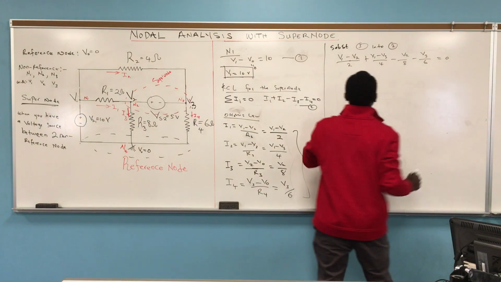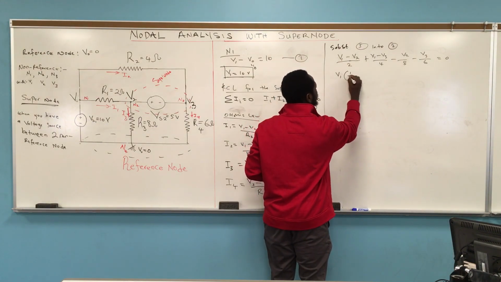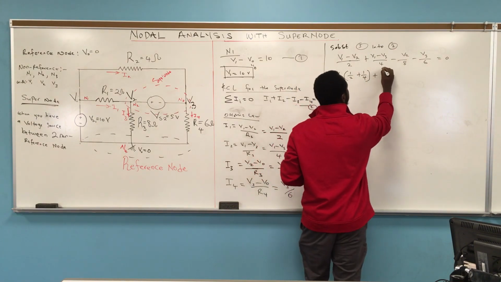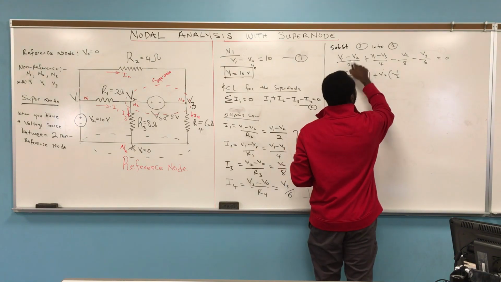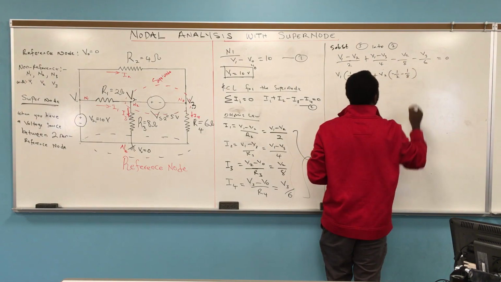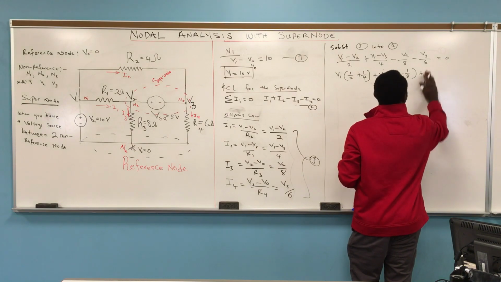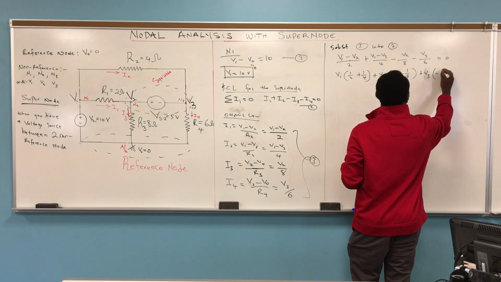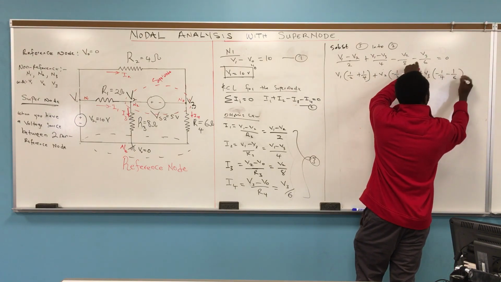And then we'll just collect like terms: V1 times (1 over 2 plus 1 divided by 4), plus V2 times (minus 1 divided by 2, minus 1 divided by 8), plus V3 times (minus 1 divided by 4, minus 1 divided by 6).